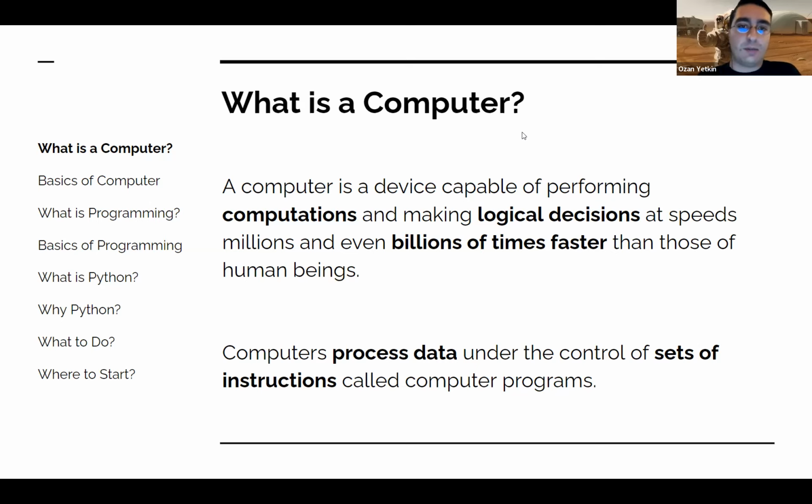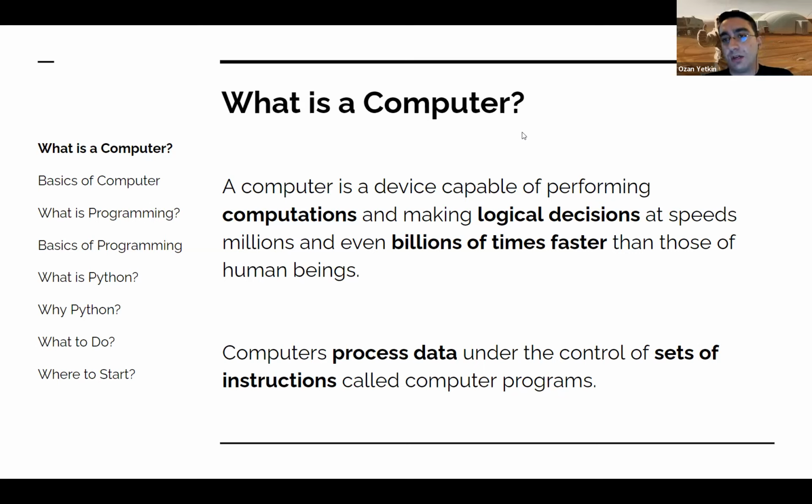And the computer is a basic device which is capable of performing computations. Computation means making logical decisions, but the thing about computers is that they make decisions at speeds millions or even billions of times faster than us.